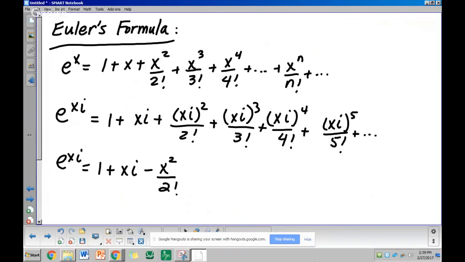So this is negative x to the third i over 3 factorial. Plus, then I'm going to get x to the 4th, i to the 4th, it's just 1, that's nice. Plus x to the 5th, i to the 5th. i to the 5th is just i, over 5 factorial.